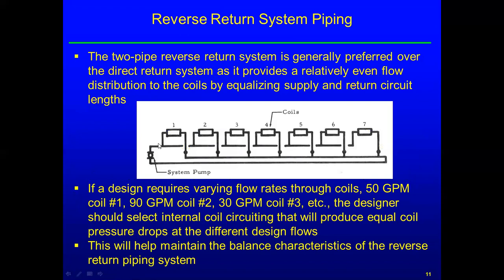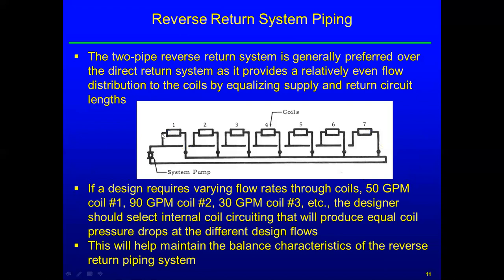So, we have short supply, long return on 1. On 7, we have a long supply and a short return. So they tend to equal out, which makes it easier to balance. If design requires varying flow rates through coils, say 50 GPM through 1, 90 GPM through 2, 30 GPM through 3, etc., the designer should select internal coil circuiting that will produce equal coil pressure drops at the different flows.